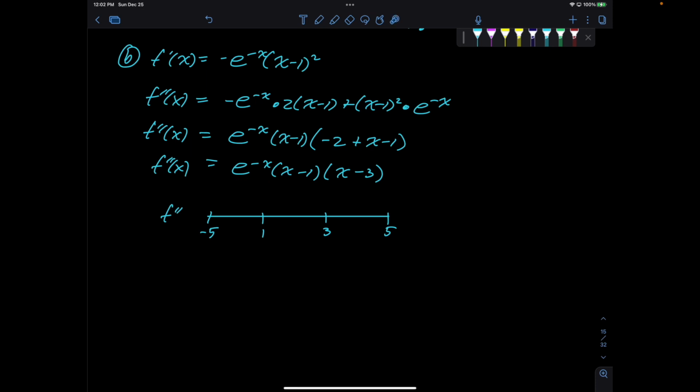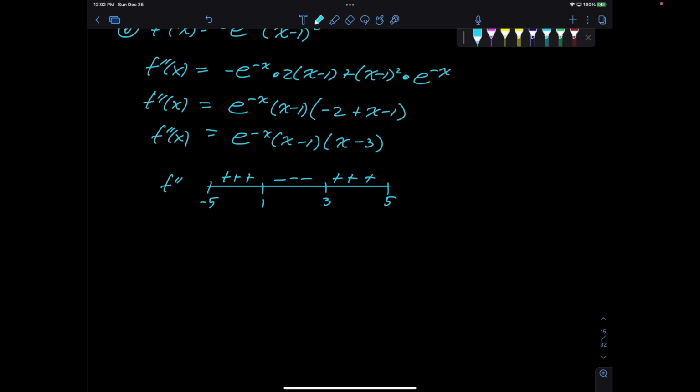So really we just get a quadratic that opens up, like this. So we're definitely going to go plus, minus, plus. The key thing though is the sign change. Plus, minus, plus. Okay, so f of x has points of inflection at x equals 1 and x equals 3.